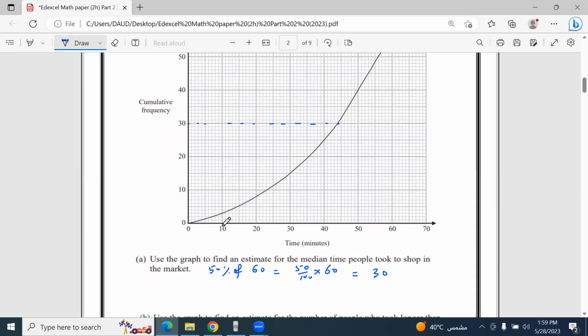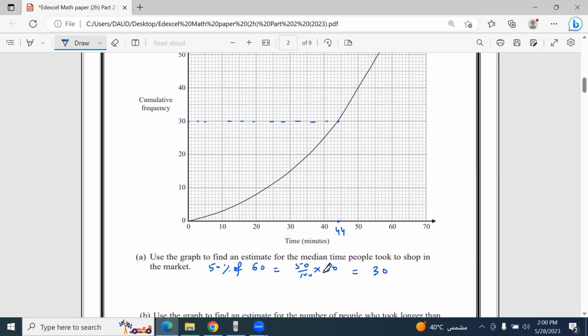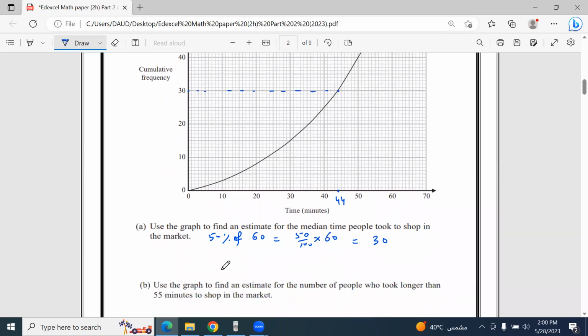So go down here, before 45. So it is 44. It means the median time is 44 minutes.